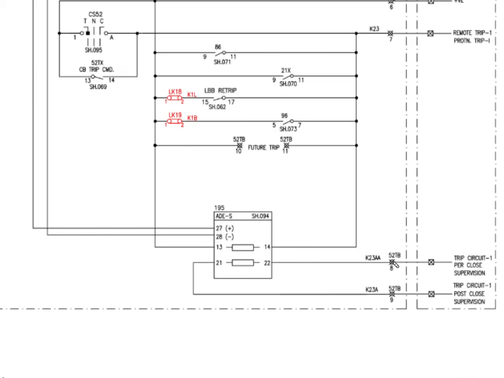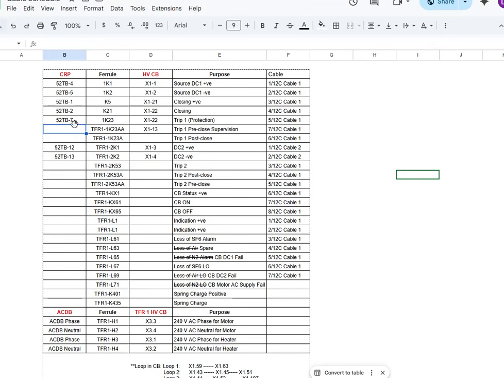Okay, so now we wanted the pre-close TB number. It is 52 TB-8. We'll go to the schedule and update it. 52 TB-8. Now we'll go for trip 1 post-close supervision in the circuit.